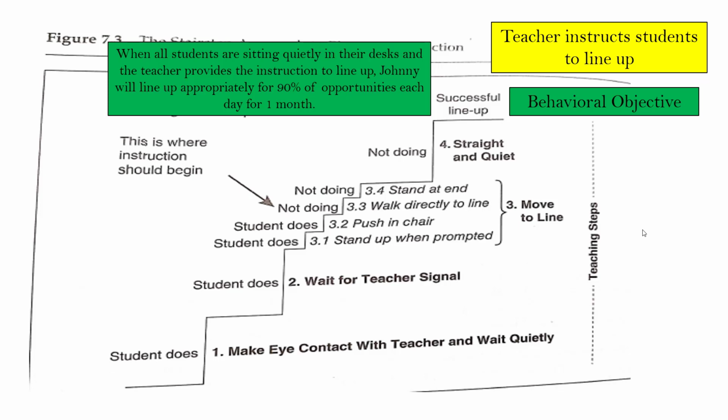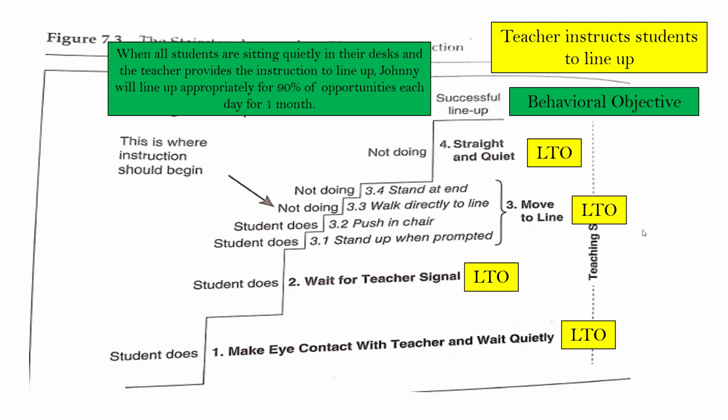Now remember, he can't do this, so we've broken our main goal into four big, broad steps, and those are our long-term objectives. Since he can do our first long-term objective and our second one, I was just going to give you guys an example of how you would write this third long-term objective.